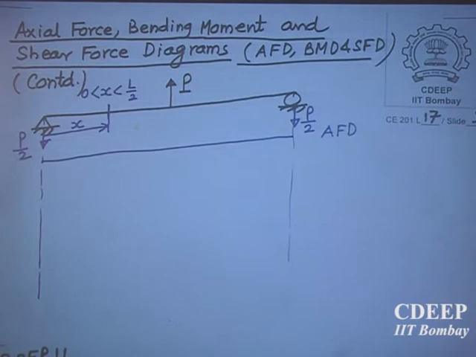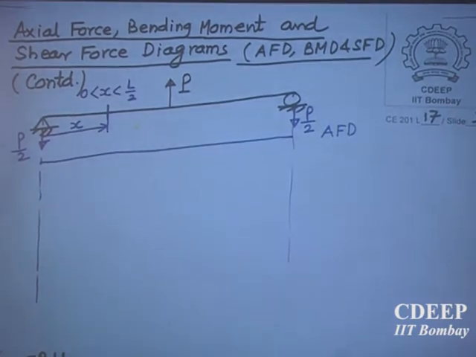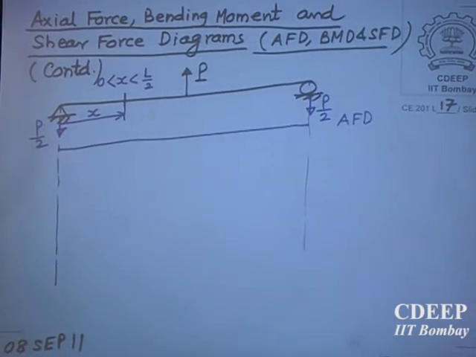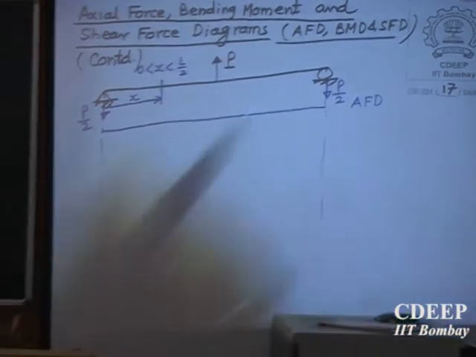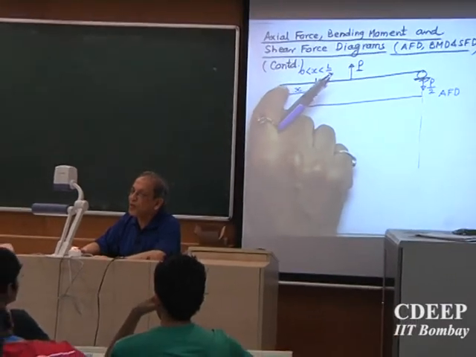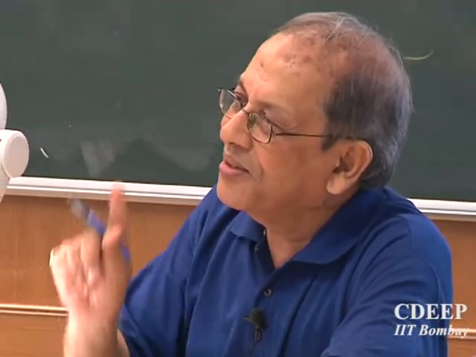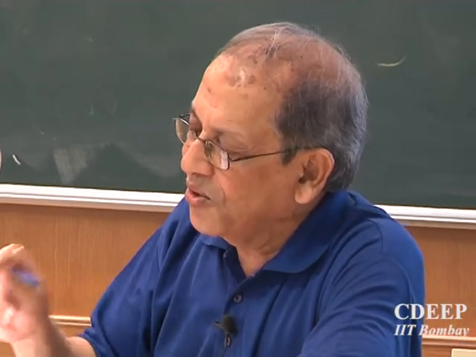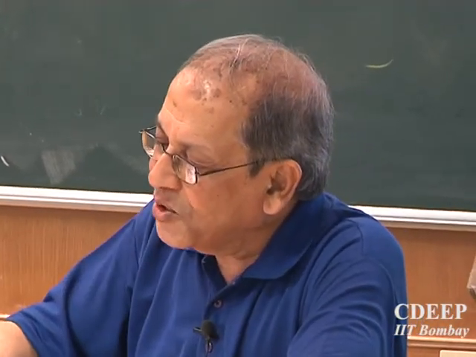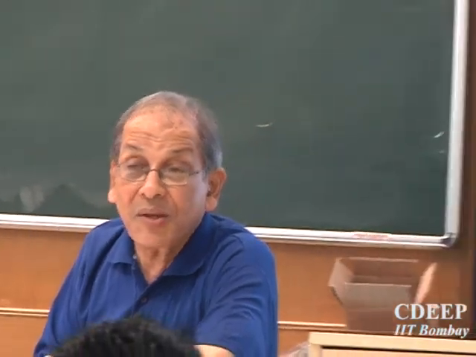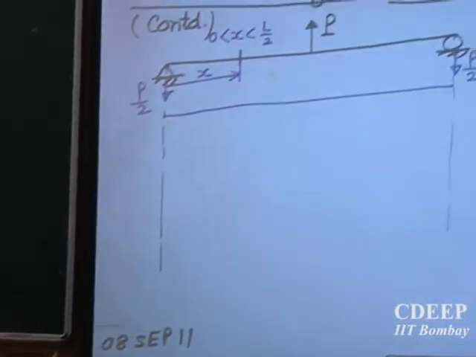Because I cannot draw the bending moment or shear force exactly at 0, at L by 2, or at L. We are drawing to the left of the load, to the right of the support, not exactly at that point, because that point is different. We are cutting it, so that is why there is no equal to sign. So remember, if somewhere it is given with an equal to sign, it is wrong.